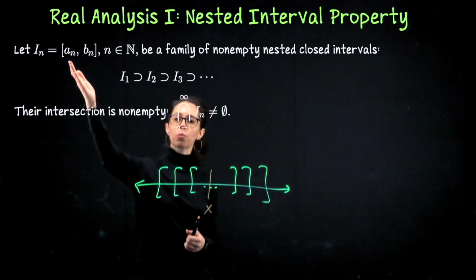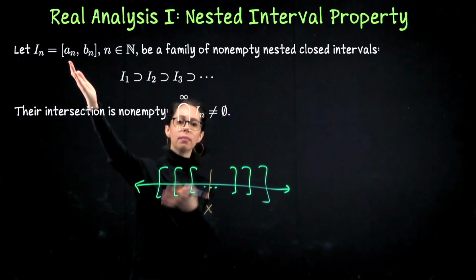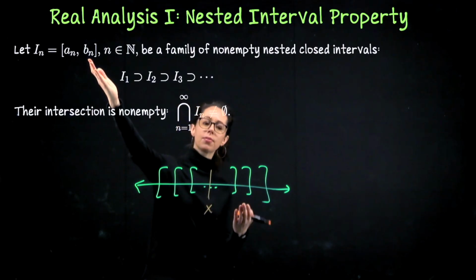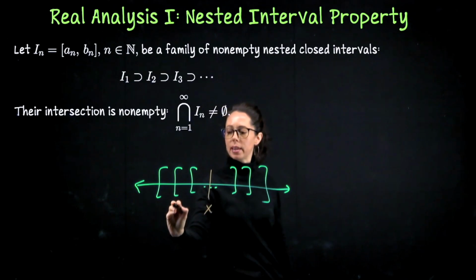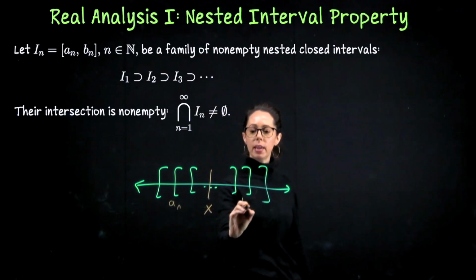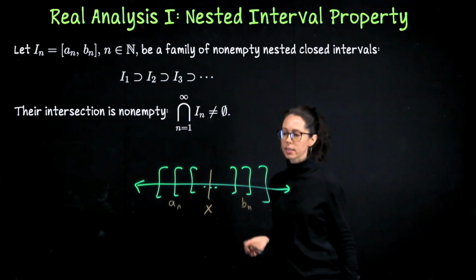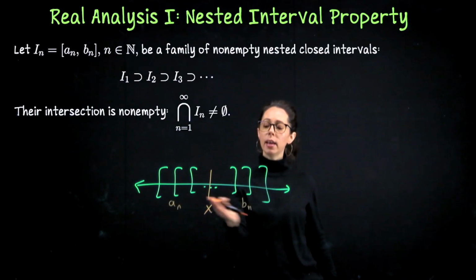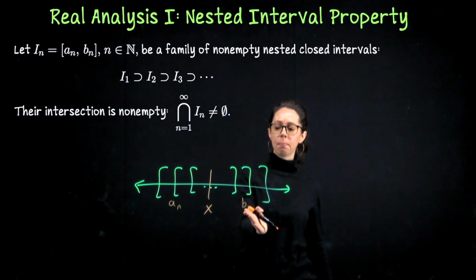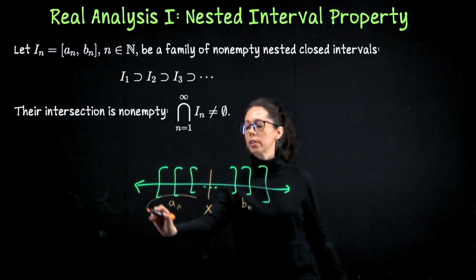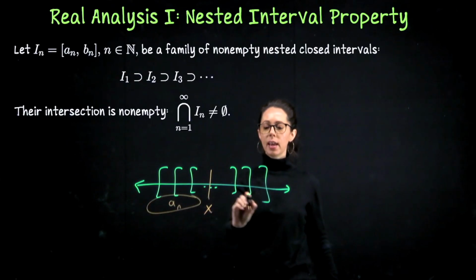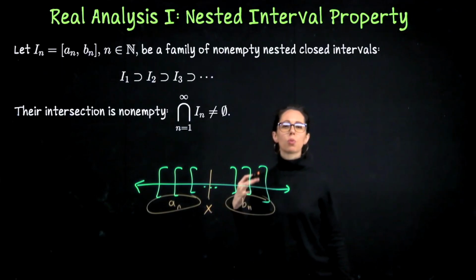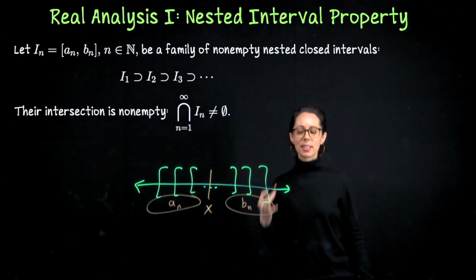It means that you are to the right of the lower side, A_n for the nth interval, and to the left of the upper side. So let me say this is A_n, and this is B_n for some choice of index n. X has to be greater than or equal to A_n and less than or equal to B_n. So I want X to be larger than all of these left sides and smaller than all of these right sides. What does that sound like?